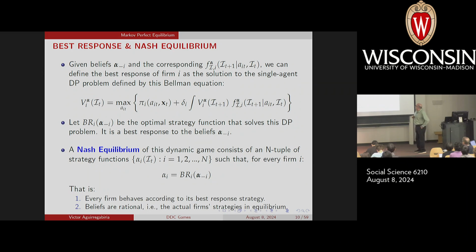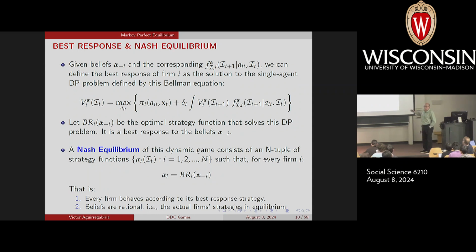That means that if everybody behaves according to the strategy functions in alpha, V alpha is the value that individual i gets at period t, behaving optimally at period t. And this is a Bellman equation that is going to give us the value function. The solution of this Bellman equation is a single agent Bellman equation once I fix the behavior of my competitor.